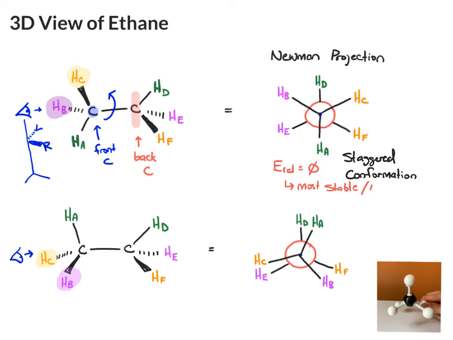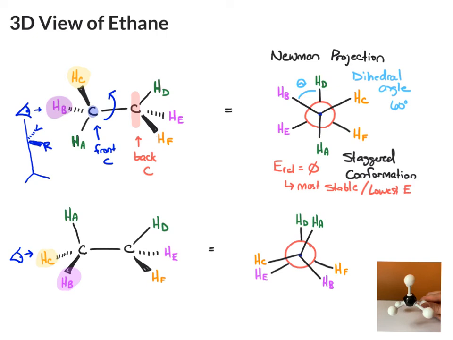Most stable, lowest energy. Those go hand in hand. For this conformation, if you were to measure the angle between two hydrogen, this angle is known as the theta, or the dihedral angle. And the dihedral angle in a staggered conformation is 60 degrees.